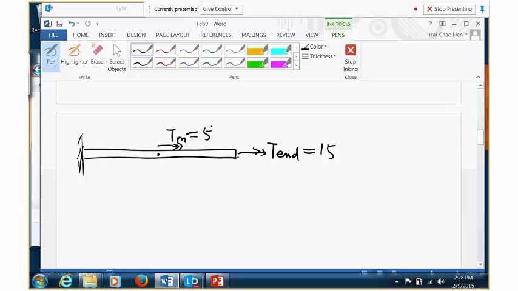Okay. Now I want to find out, I know all the geometric material information, right? So GIP is known. Now I want to find out what's the total rotation angle here, phi. And I also want to know what's the torque in this part. What's the torque in this part? Basically, you have two segments, right?